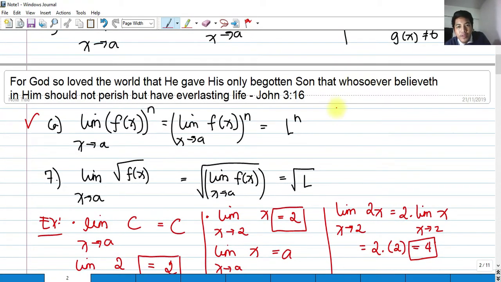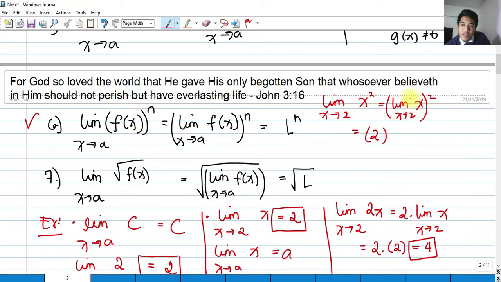So for example, if I want to find the limit of x squared as x approaches 2, I can rewrite this as the limit of x as x approaches 2, squared. If I evaluate the inner part, the limit of x as x approaches 2, that is simply equal to 2.